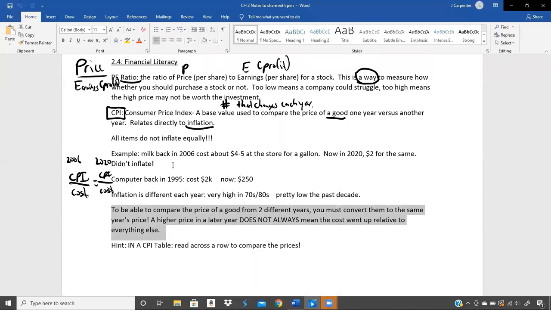So kind of like a US dollar and a euro have different values, the dollar in 1995 has a different value than the dollar in 2020. So converting from a dollar to a euro is literally the same thing as converting a 1995 dollar to a 2020 dollar. It's not the same conversion values, but it's the same concept. And you know what that concept is?